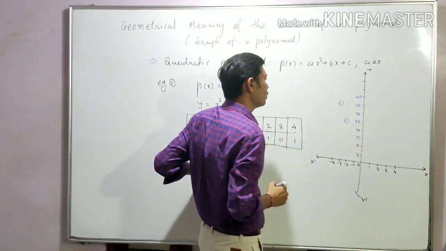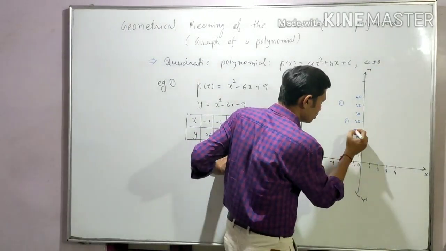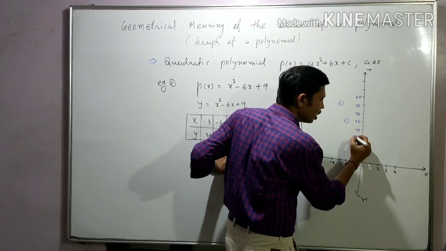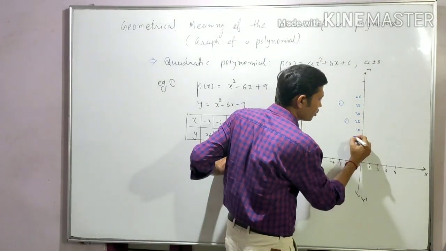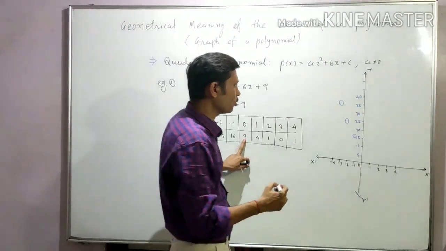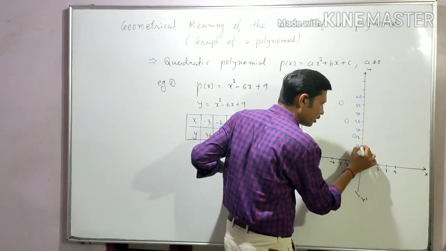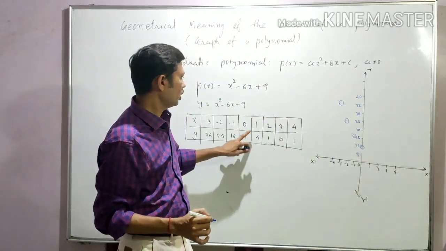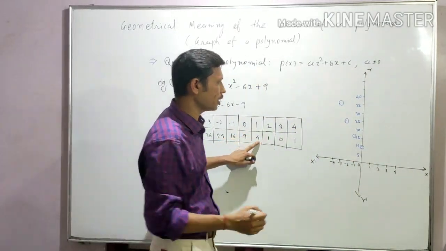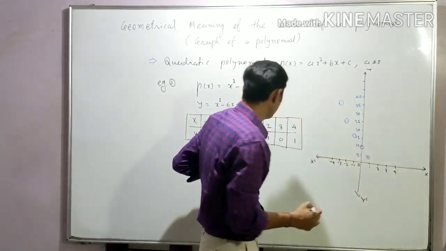X coordinate minus 1, y coordinate is 16, so it's a little bit above the 15. X coordinate is 0, so y coordinate is 9, which is a little bit below the 10. X coordinate is 1, y coordinate is 4, something like here.